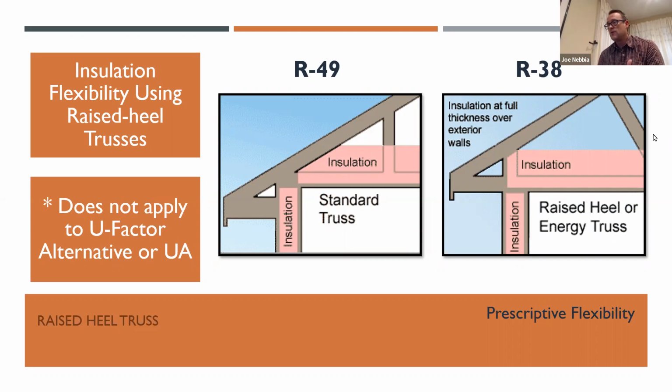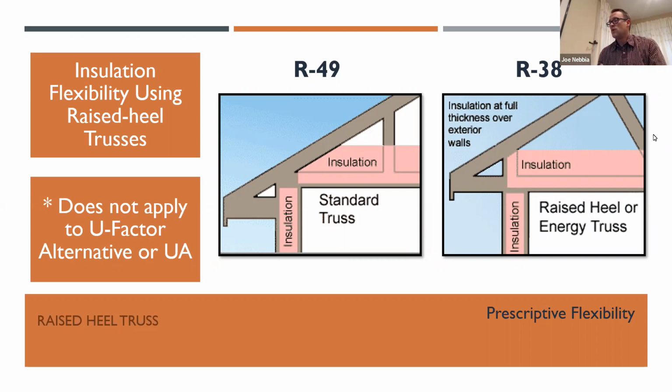So I'm sure a lot of you have used this already, but there's a type of truss called a raised heel truss, which has higher height at the heels. And what that does is it allows us to install attic insulation that's not compressed at the heel. Because as you compress insulation like fiberglass, cellulose, things we typically put in attics, it's going to lose R value.